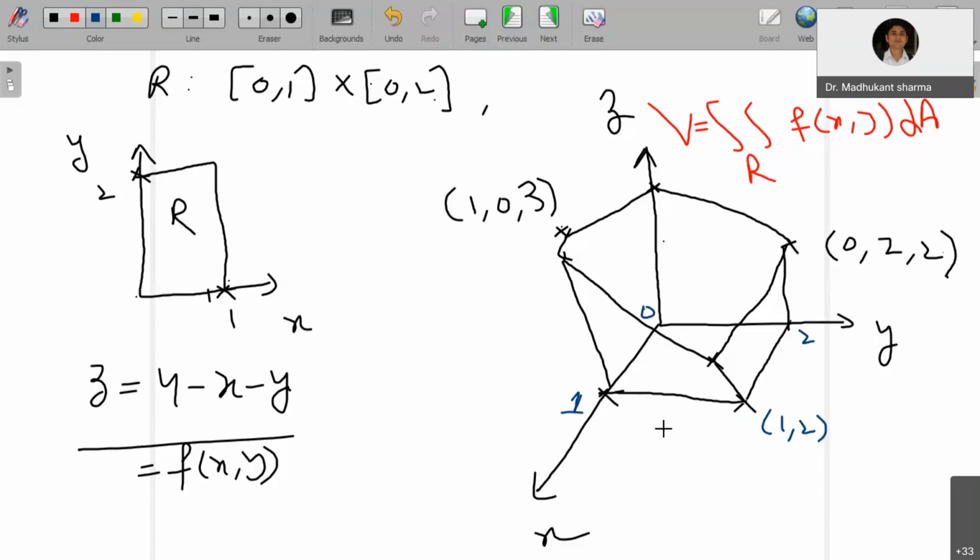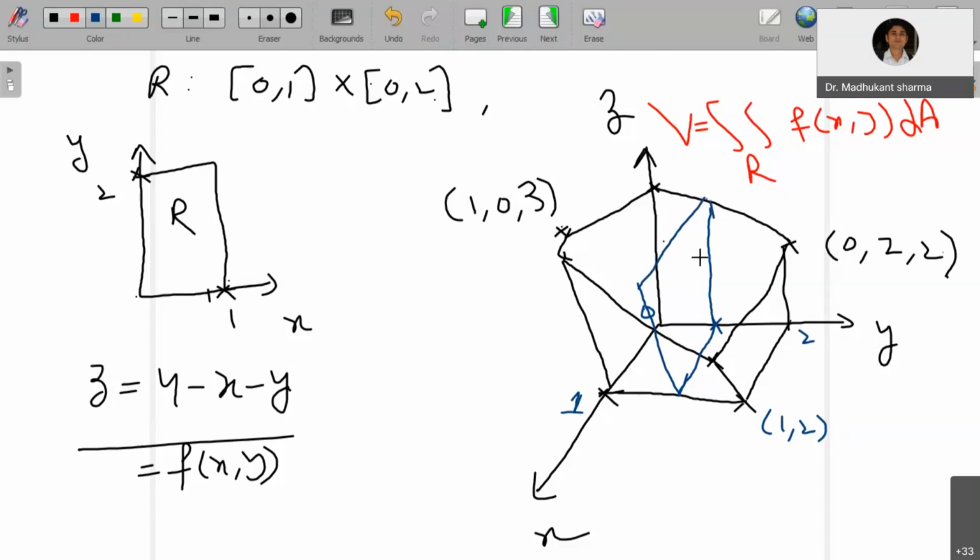One way is, whenever you take any line in between, let's say at y, and draw a line parallel to this, because you are obtaining a rectangular grid, then correspondingly you will intersect the surface.